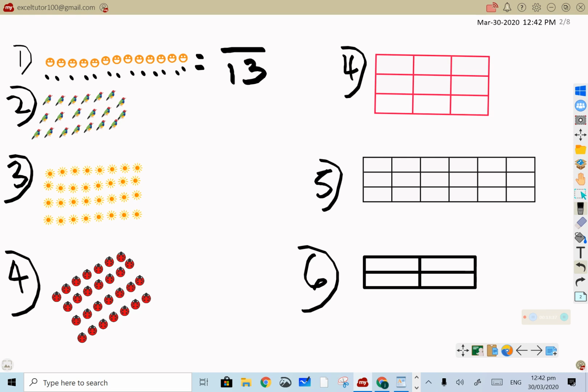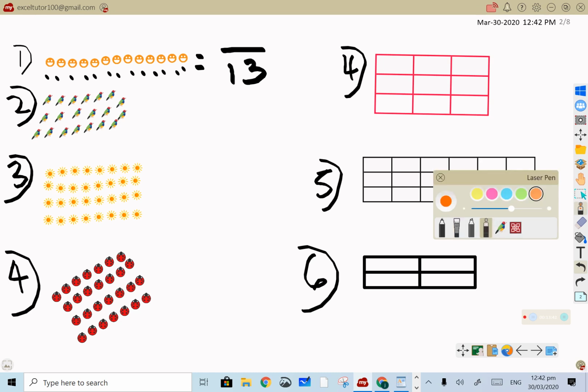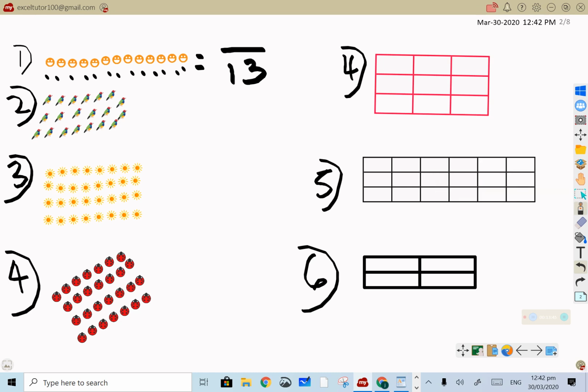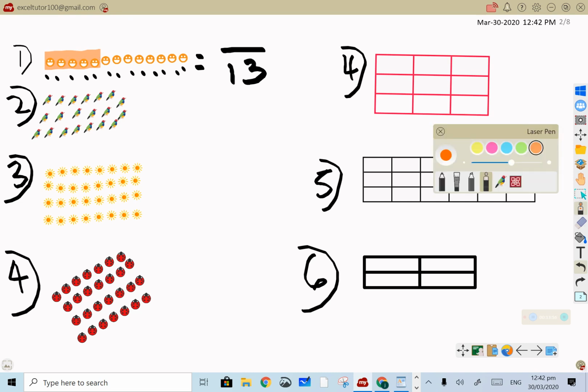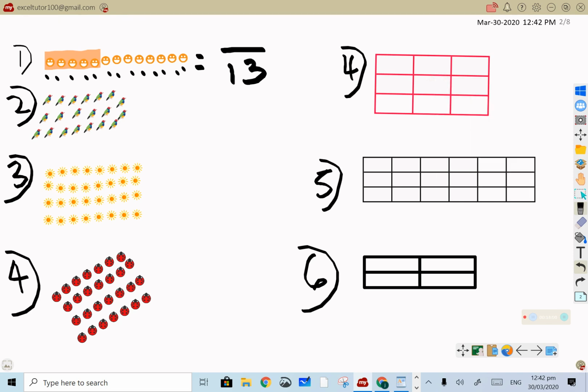Okay, so if we were to now separate that into parts, and we decide to highlight a certain part, the amount highlighted would be a fraction.